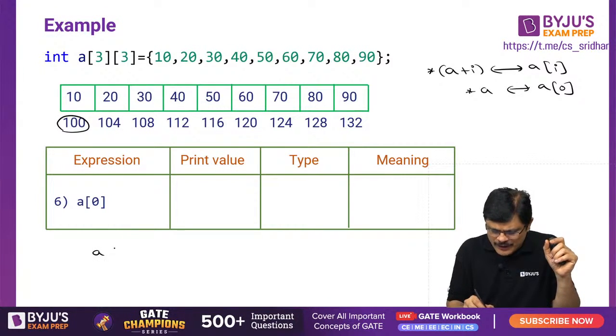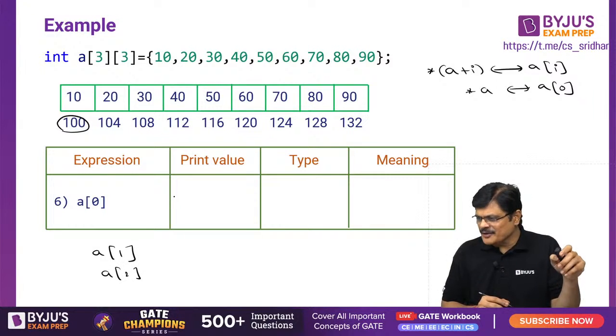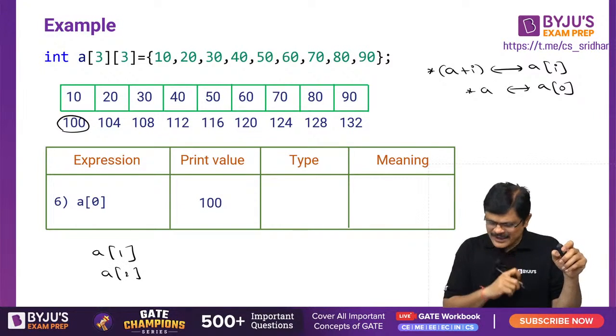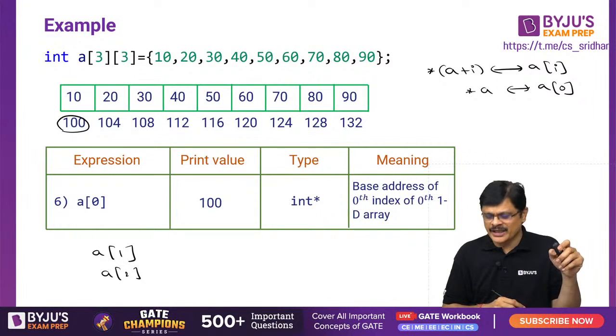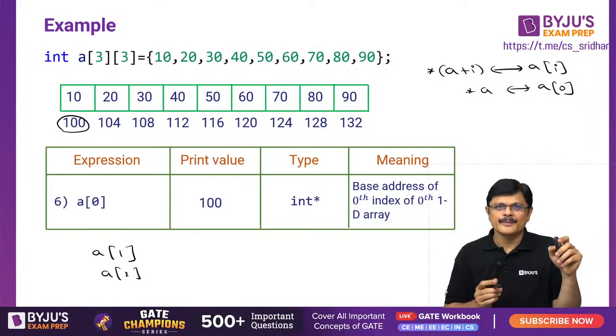So I want you to tell me the answer for A[1], A[2] also quickly. This answer I will give you. This is 100. It is a pointer to an integer and it is the base address of the 0th index of the 0th 1D array. What about A[1] and A[2]? Quickly give the answer.